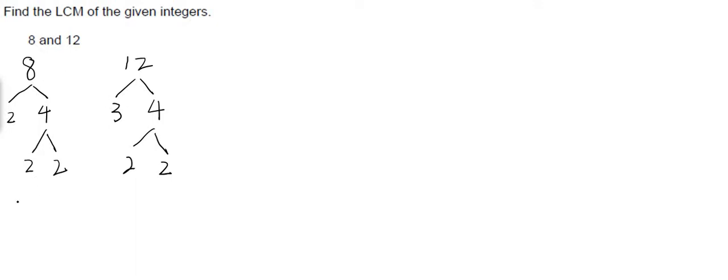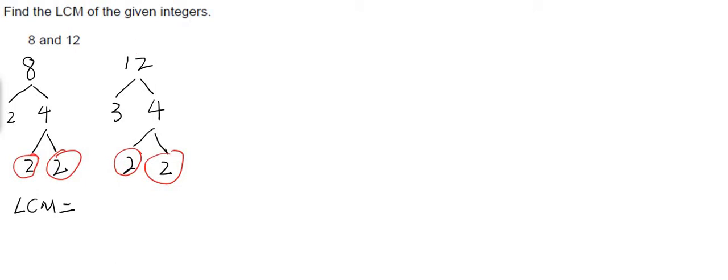Now we're going to do the combination for the LCM. For this case, we're going to find the common factors. Here we have two 2's, so we're going to write down two 2's. We have repetition here, 2, 2, 2, 2.